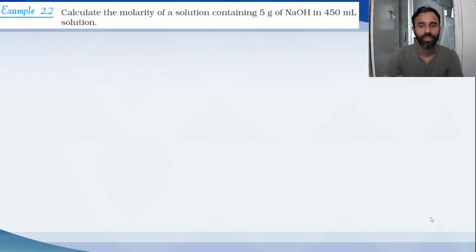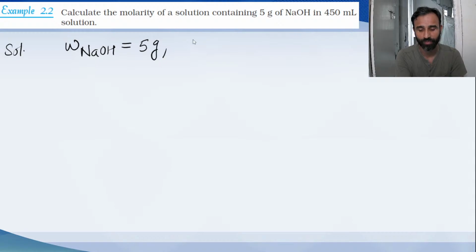0.0672. Next question. Calculate the molarity of a solution containing 5 gram of sodium hydroxide in 450 ml of solution. So in this case, mass of sodium hydroxide is given to us, volume of solution is given to us.